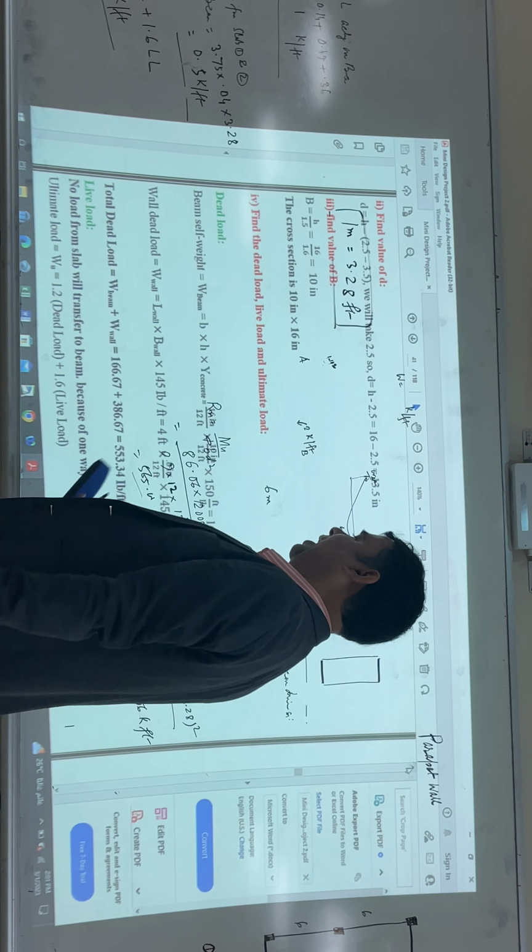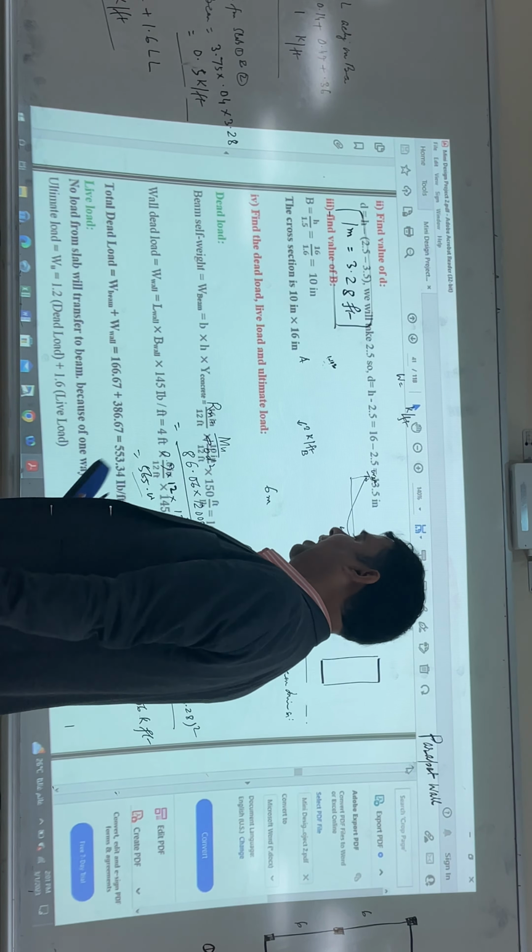Just see here what he did. First he calculated the h, it was coming 10 by 14. Assume the overall depth is 16 inches here.